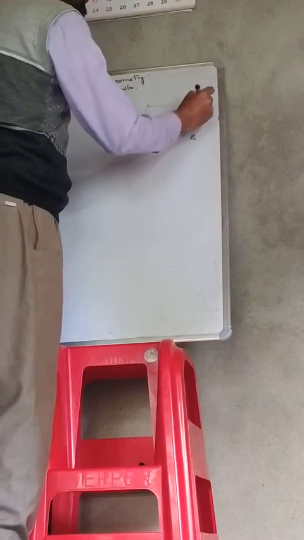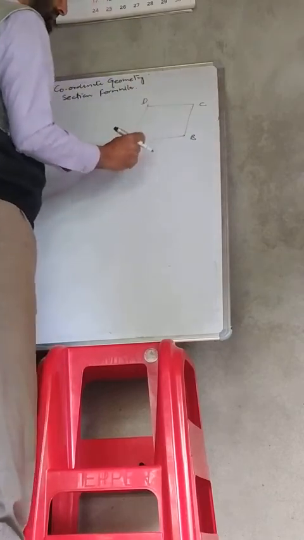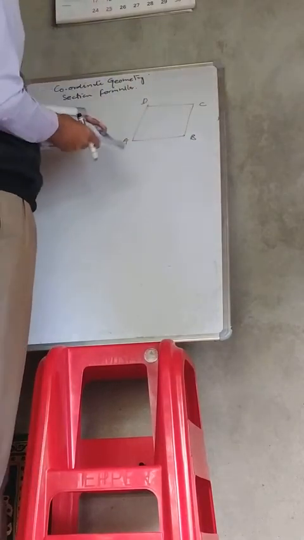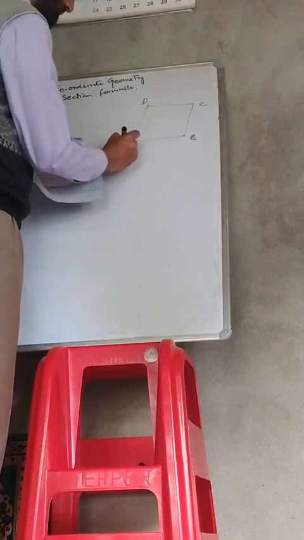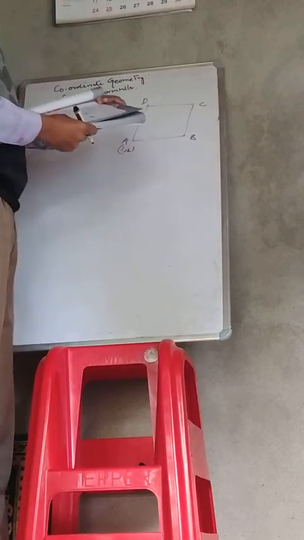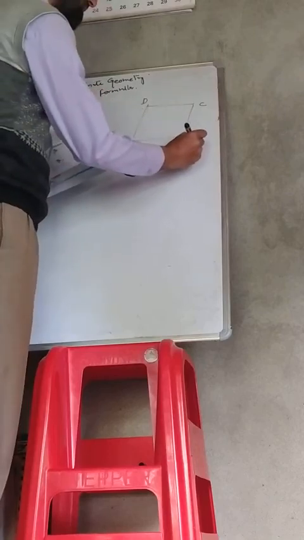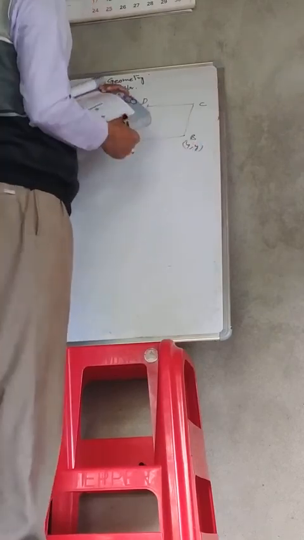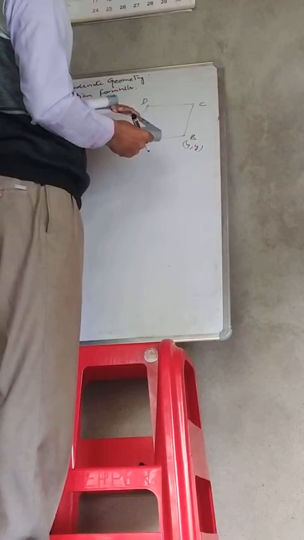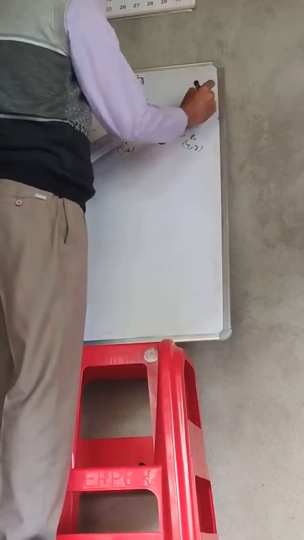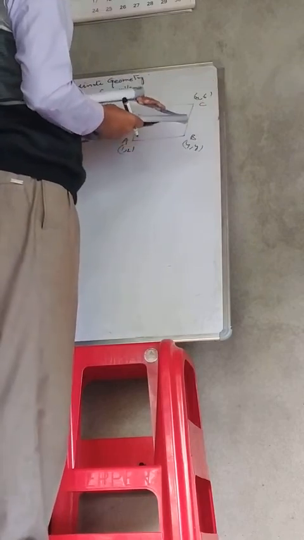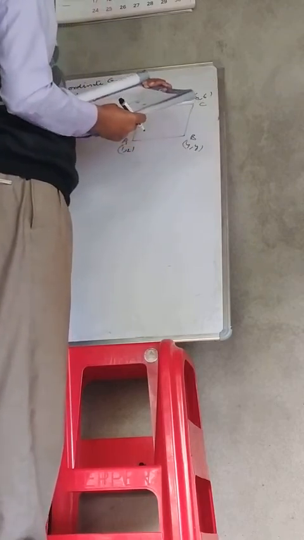Let ABCD be the parallelogram, and A has the coordinates 1, 2, B is 4, y, and C has the coordinates x, 6, and D has the coordinates 3, 5.